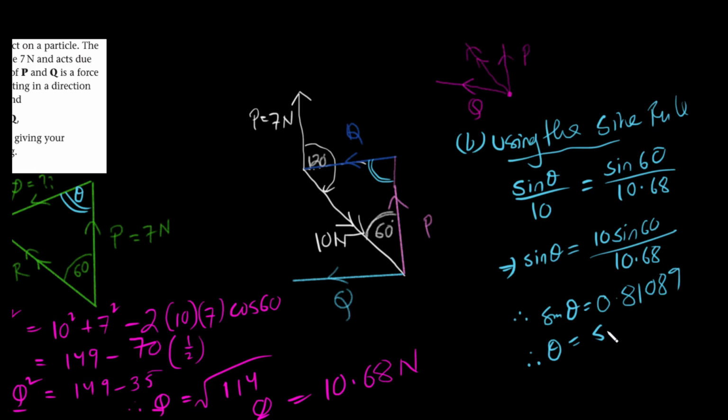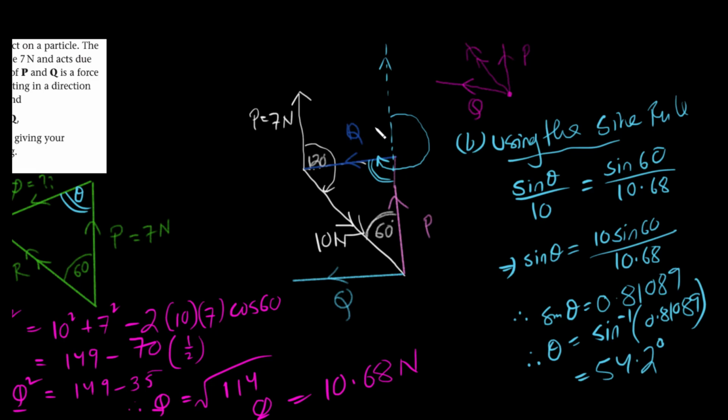Therefore theta is 54.2 degrees. Now we have to write this down as a bearing. So how can that be? If this theta is 54.2, and we extend this to north, as we know P is going towards north, then the bearing would be measured starting from here, 90 degrees, 180 degrees, all the way to this.